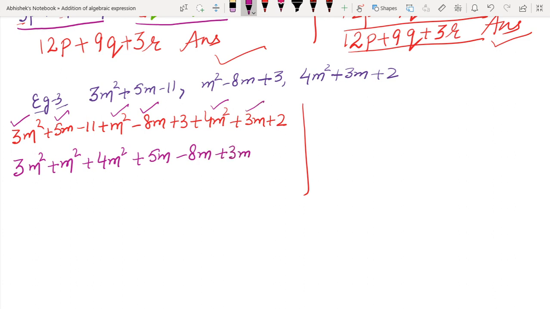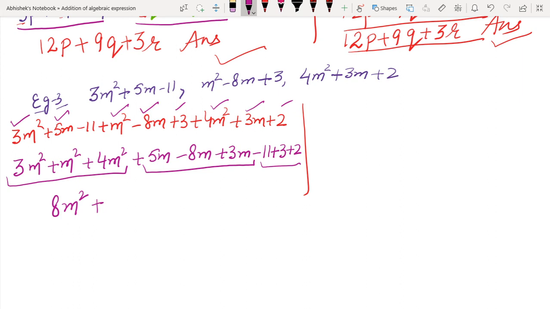Next, last, we have the constant terms, minus 11 plus 3 plus 2. So just add the coefficients of like terms, and in this m square remains as it is. So 3 plus 1, nothing is here, it means the coefficient of m square is 1. So 3 plus 1, 4, 4 plus 4, 8.